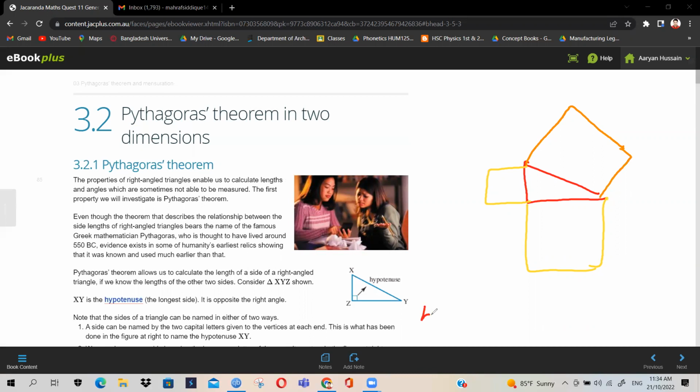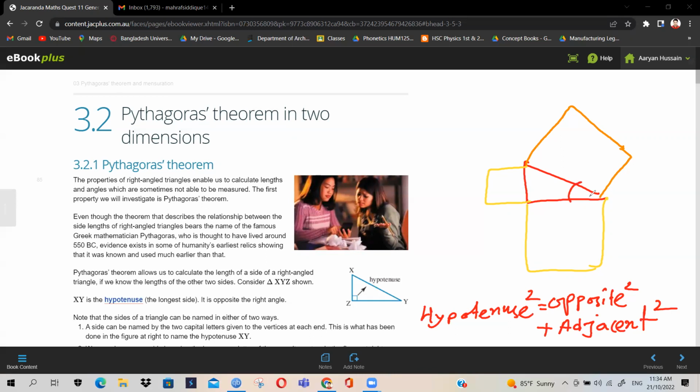The formula would be, as we have already discussed previously several times, hypotenuse squared equals opposite squared plus adjacent squared. What is the opposite and what is the adjacent?